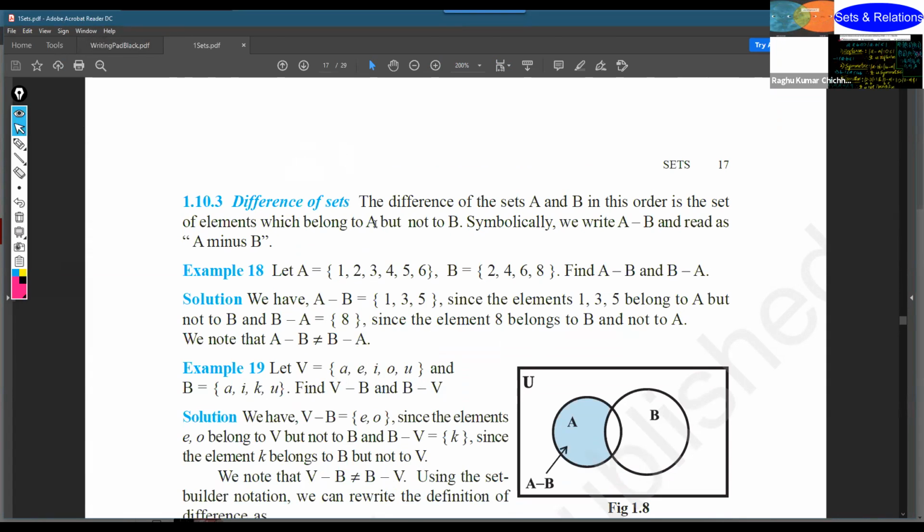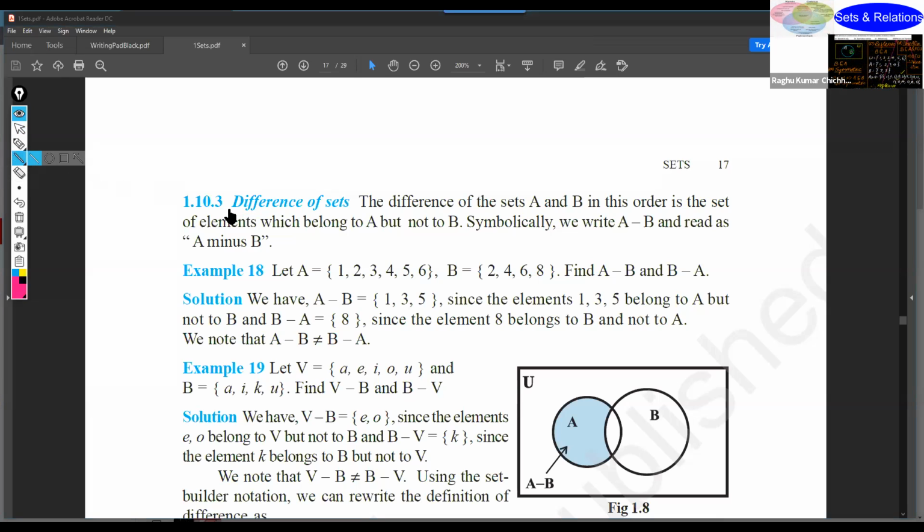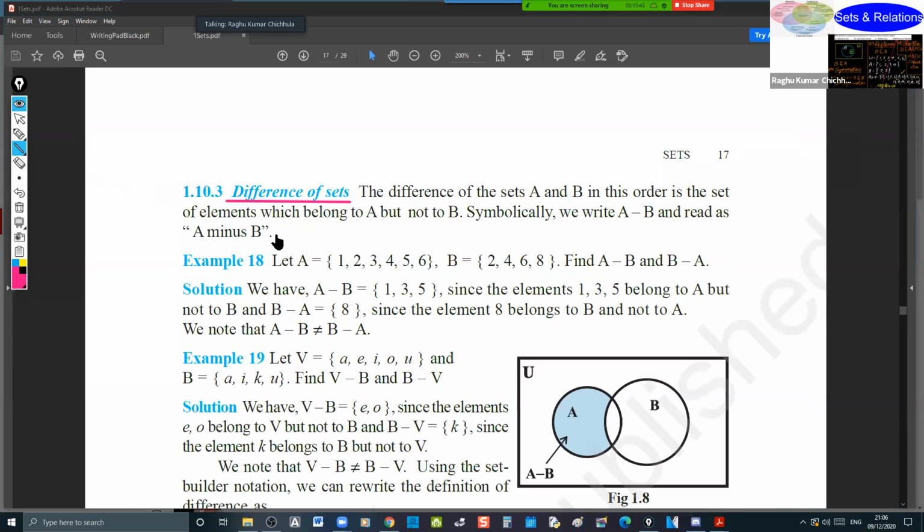Now, Chaitanya, are you there? So this we have seen already, and the symmetric difference also we understood in the previous class.